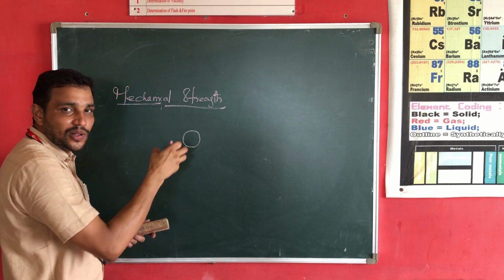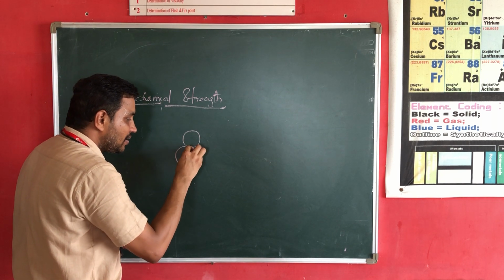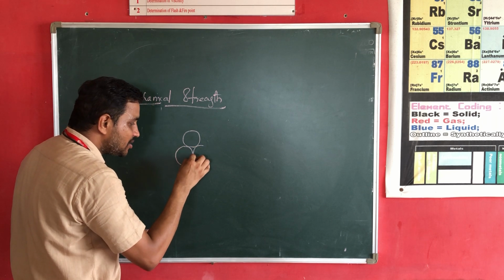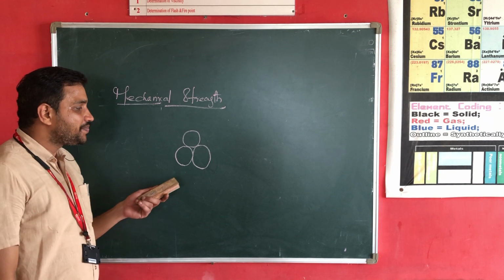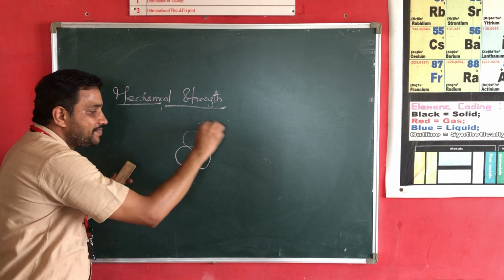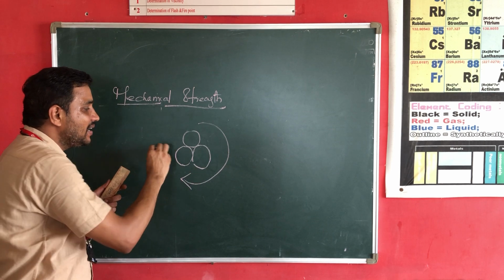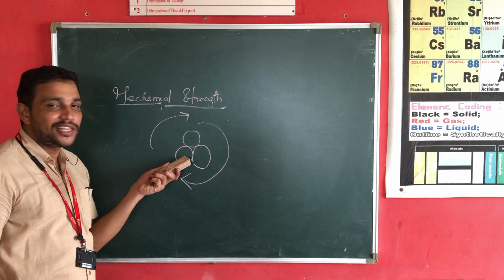This is one ball made up of iron or steel. This is another ball which is made up of metal. Now, if the balls are rotating, then what happens? One is in contact with another one.